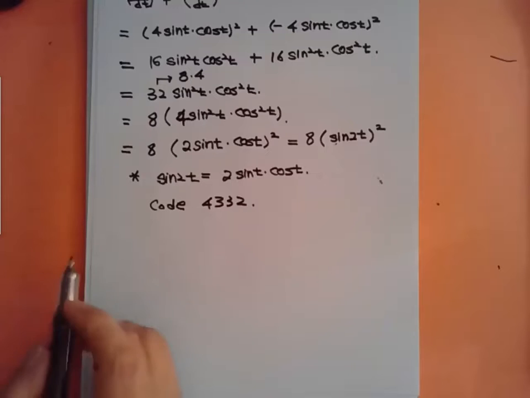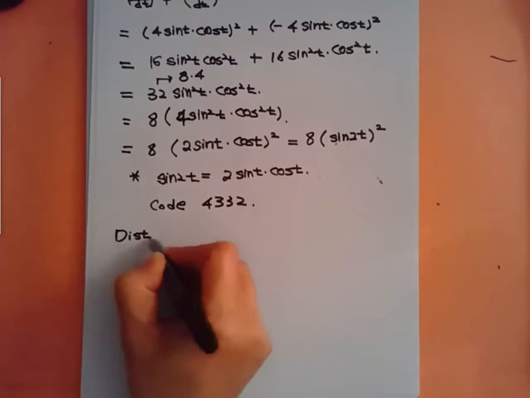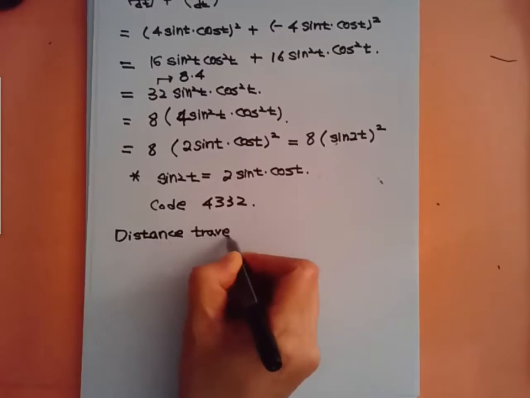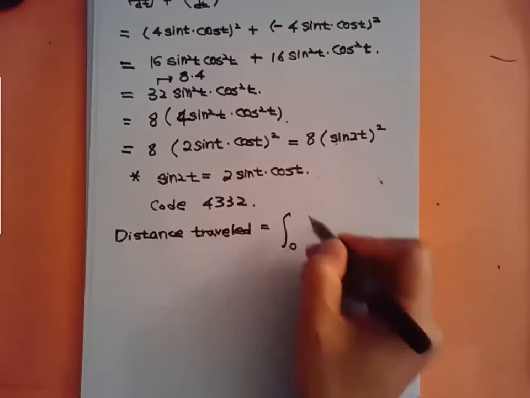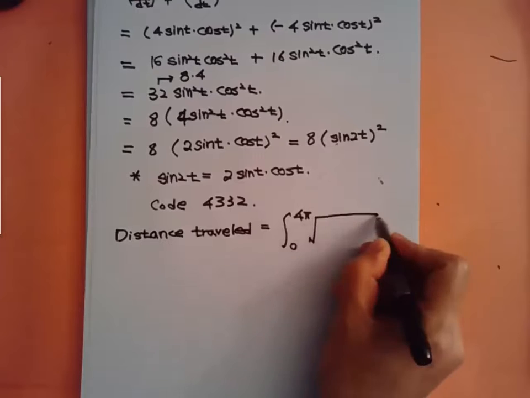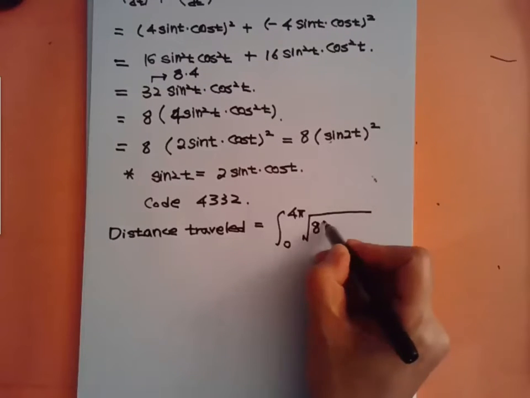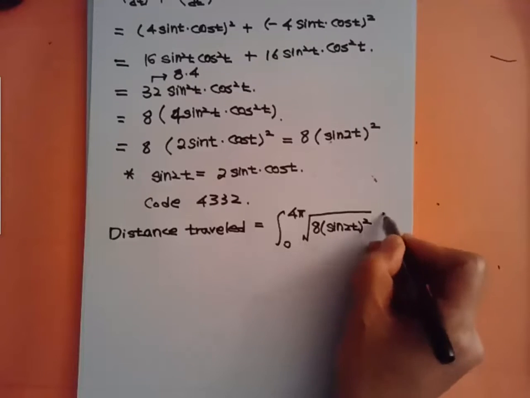Now we are ready to calculate the distance traveled. That is from 0 to 4 pi, the integral of the square root of 8 times sine of 2t squared dt.